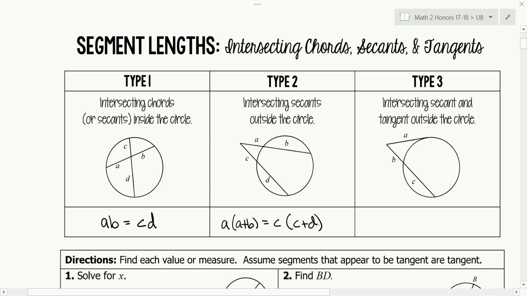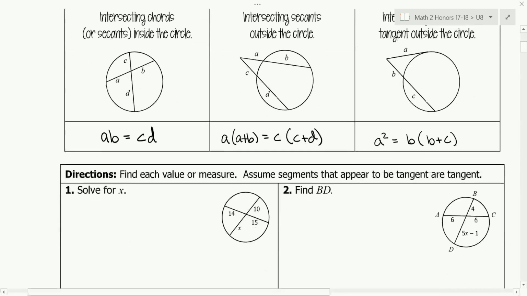And then type 3 is if you have a secant and a tangent intersecting outside of a circle. What's the result here? A squared equals B times B plus C. Okay, so those are the three results that we are going to work with. Now let's apply them to some situations.